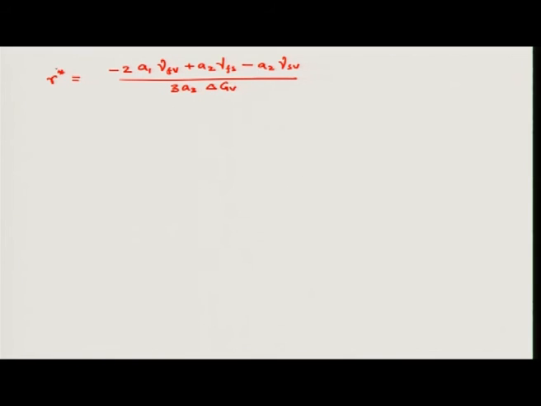This is the critical radius of stable nuclei, and the energy required for this nuclei to become stable is 4 (A1 gamma Fv plus A2 gamma Fs minus A2 gamma Sv) cube divided by 27 A3 cube delta Gv square.